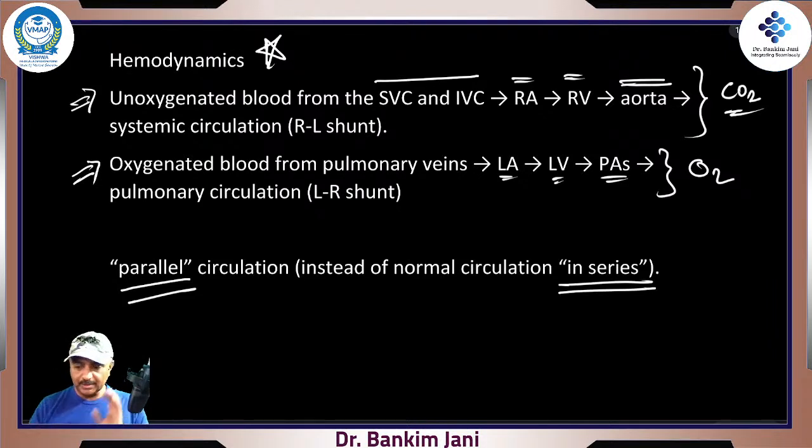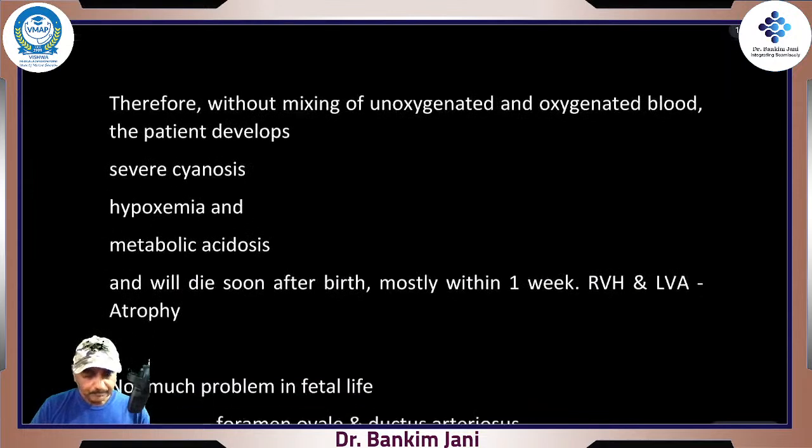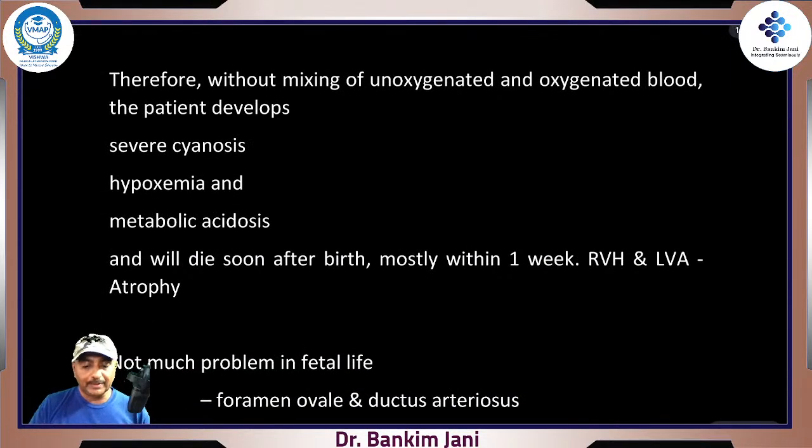In series means deoxygenated blood goes to the lungs, gets oxygenated, goes into the body, and circulates. They both are in tandem with each other. These are parallel circulations. So without mixing of unoxygenated and oxygenated blood, the patient is bound to develop severe cyanosis, no doubt about it.